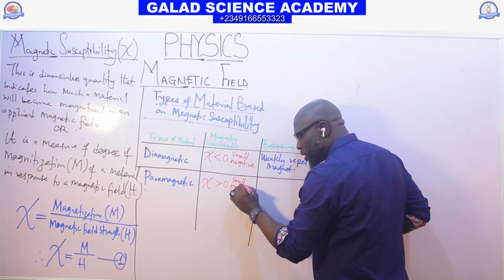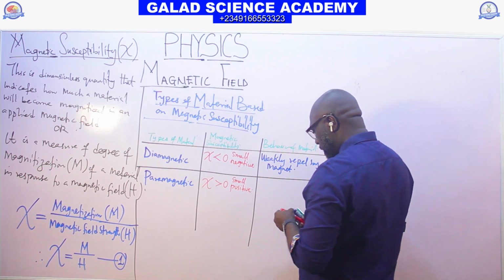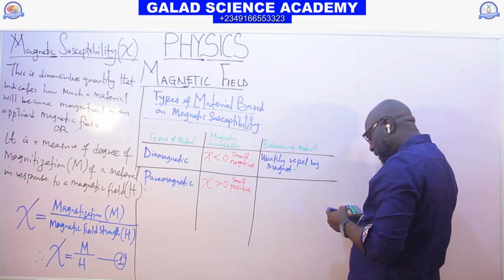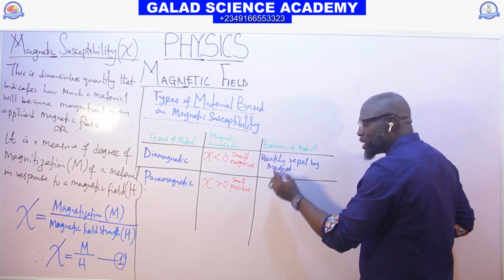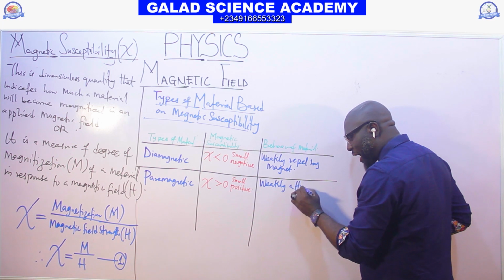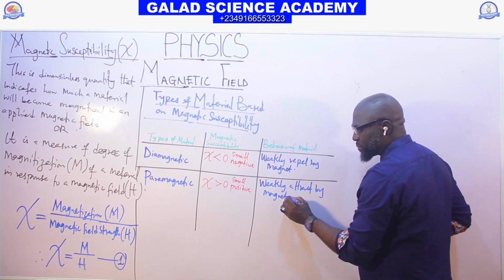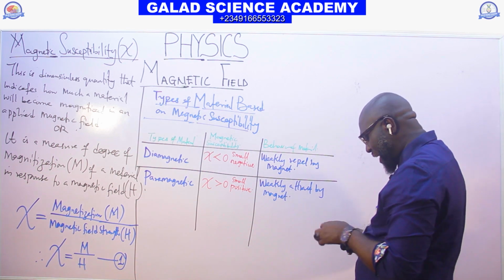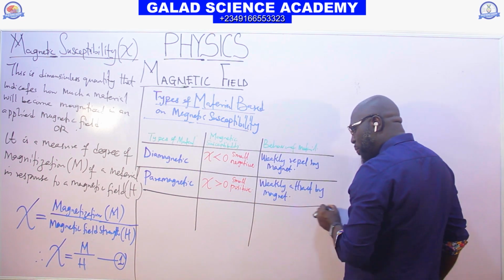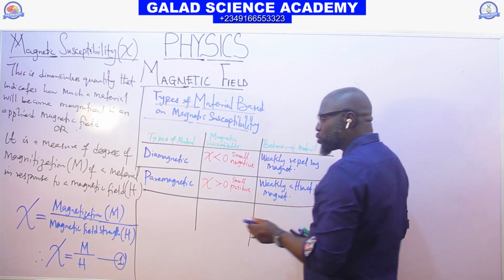The behavior of the material to the magnet: this one is weakly attracted by magnets. So a magnetic material that is weakly attracted by magnets is called paramagnetic material.